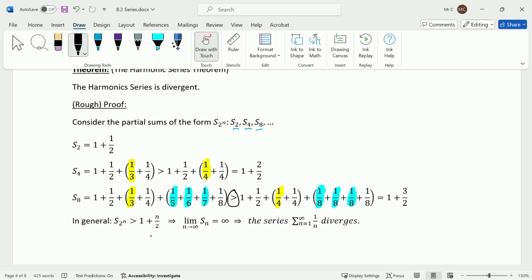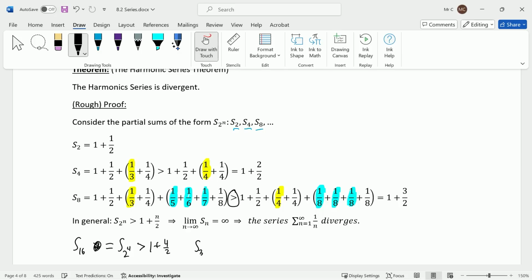n over 2. So like, for example, s sub 16, I know is going to be bigger than 1 plus 16 over 2. Sorry, that's not quite right. S sub 16 is the same thing as saying s sub 2 to the 4th power, which is bigger than 1 plus 4 over 2.